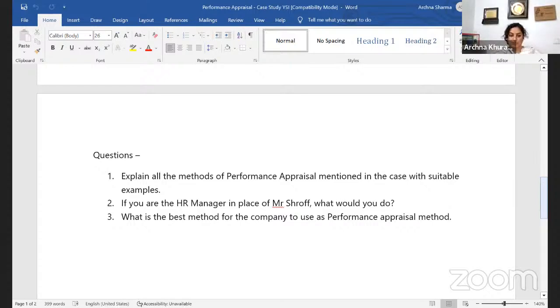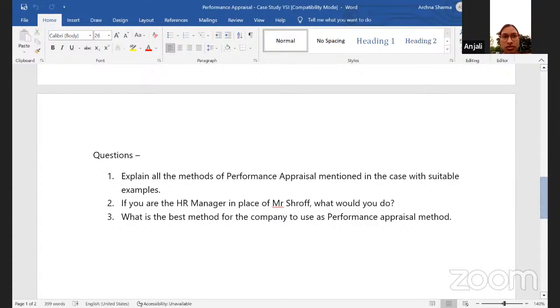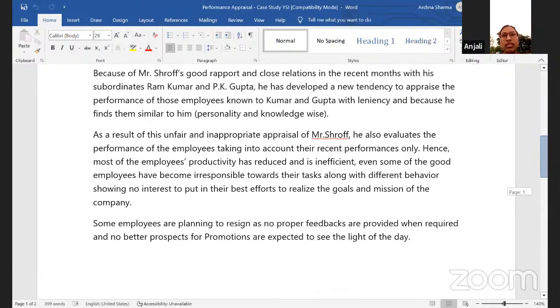Okay, and why would you do that? Ma'am, because if we choose the 360-degree appraisal method, then we are focusing on every dimension of someone's work.